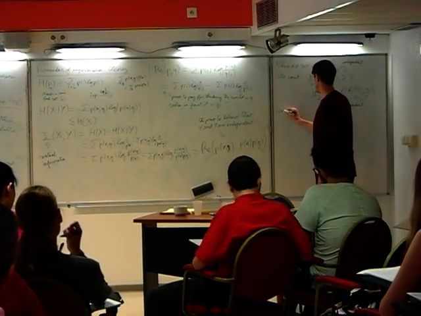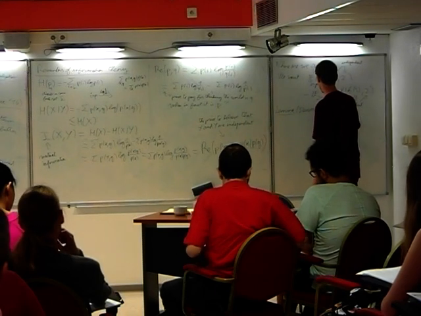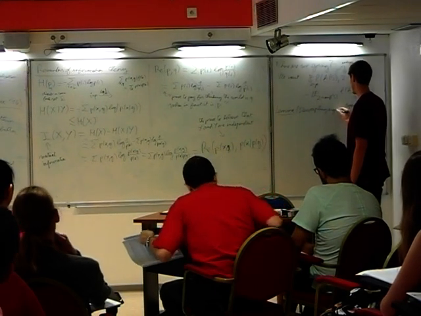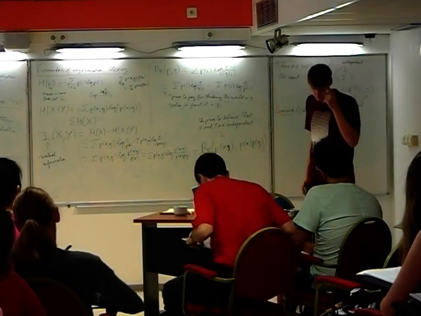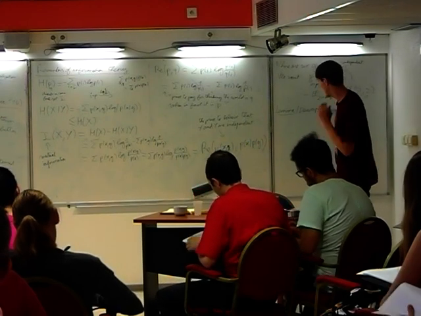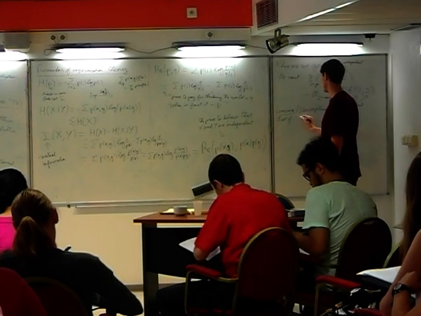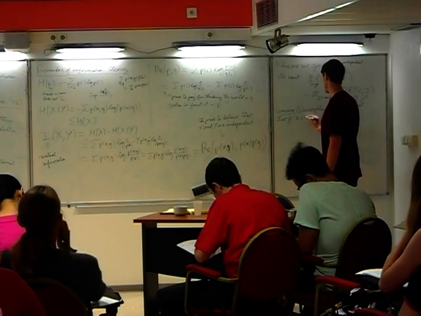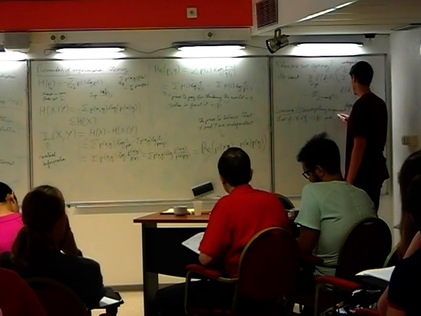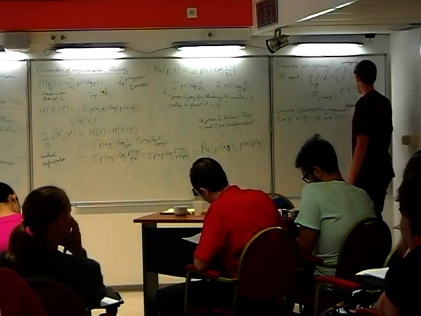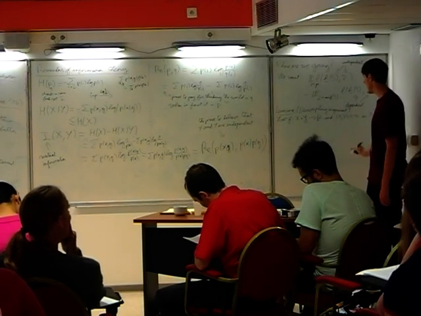So the key lemma is like this. It's a decoupling argument. Let f be some function from x times y to R, and x, y random variables in x times y.